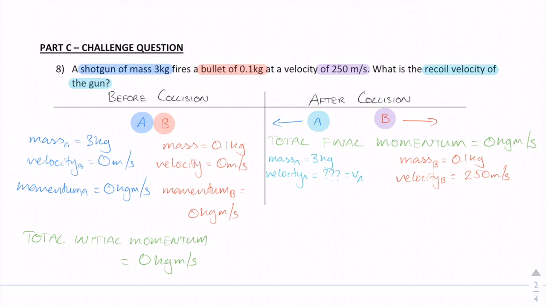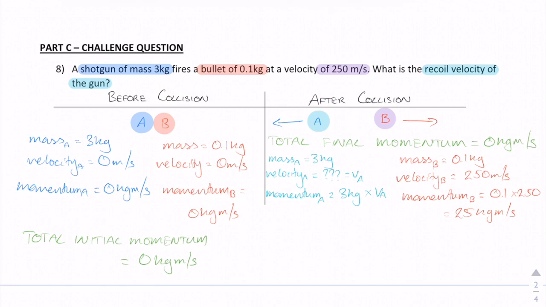Let's look at the momentum of each now. The momentum of A is equal to 3 kilograms times VA. And the momentum of B is equal to 0.1 times 250, which is equal to 25 kilogram meters per second.